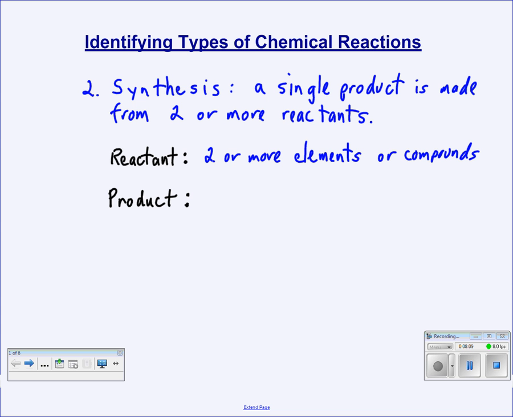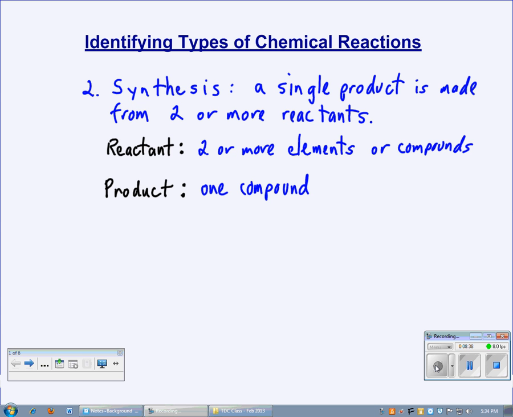We're going to concentrate on those synthesis reactions where two elements would come together to make one compound. And what would you see on the product side? On the product side, you would expect to see one compound. In our case, that one compound will be made by the combination of those two elements. Let's look at an example.